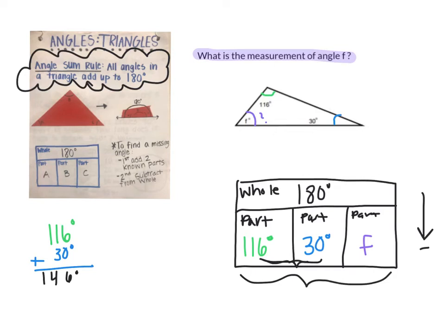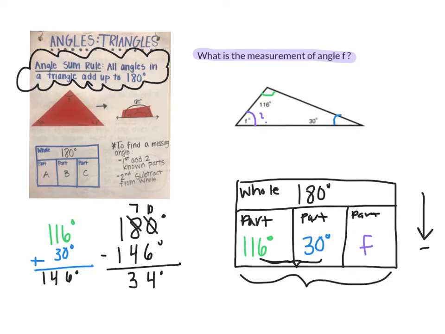Now I'm going to subtract them from 180. This will give us our missing part. So I'm taking 180 degrees and subtracting 146 degrees to find F, our missing part. 0 minus 6, can't do this, so we borrow. 10 minus 6 is 4. 7 minus 4 is 3. 1 minus 1 is 0.